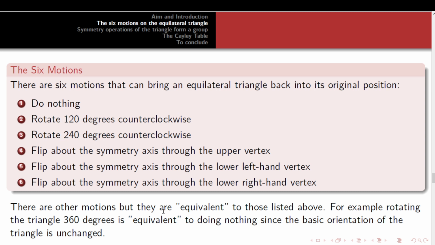So similarly, many other motions that come into our mind are equivalent to those which I listed above, and we are using the counterclockwise rotation as a positive orientation. And that's why the orientation of the triangle is unchanged. That's why we always use the counterclockwise rotations on the equilateral triangle.